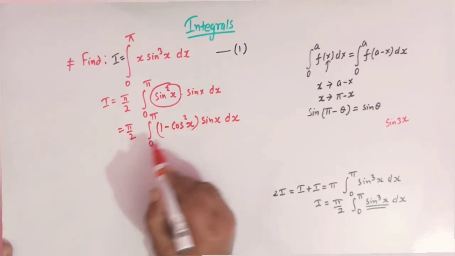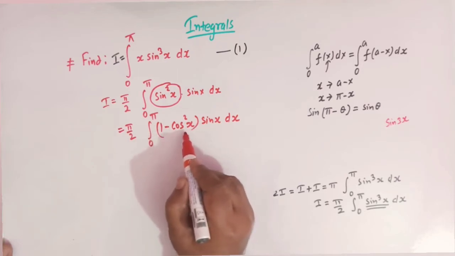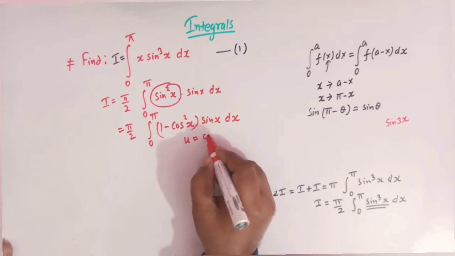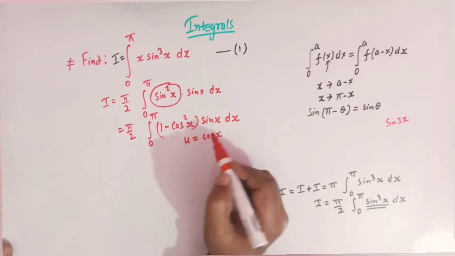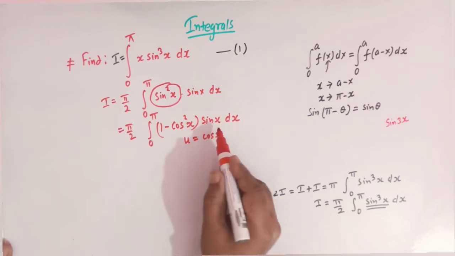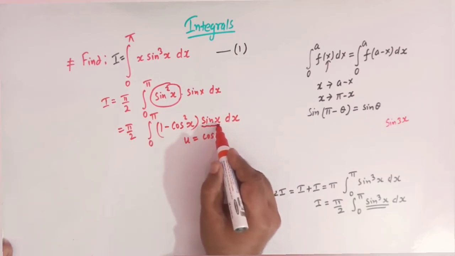And see, now we can here use the method of substitution by taking u is equal to cos of x, right? Because the derivative of cos x is minus sine x, right? And sine x appears in the integrand.